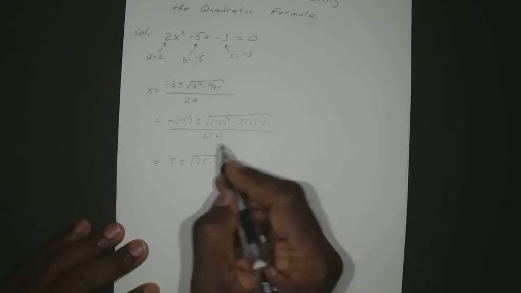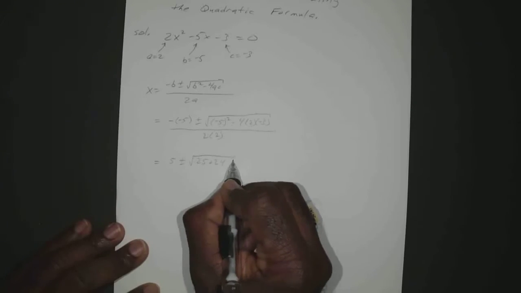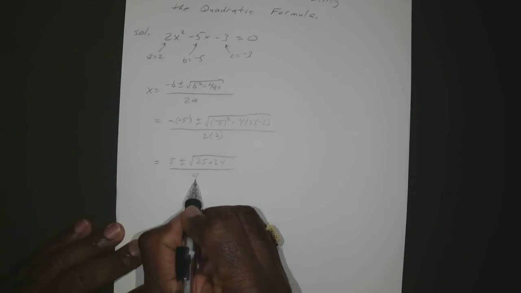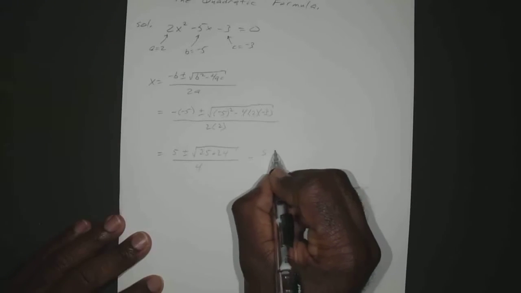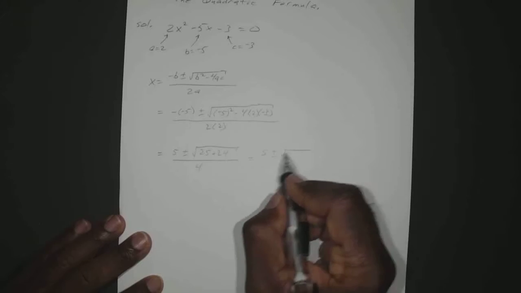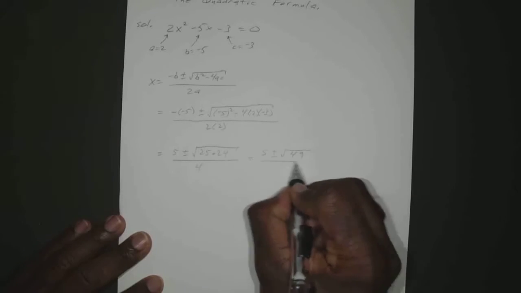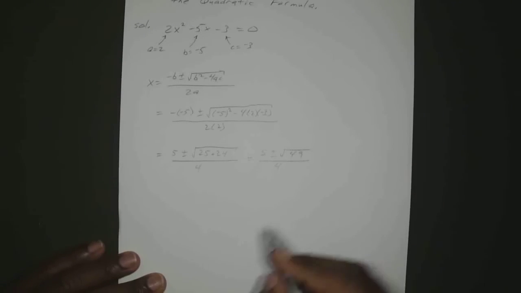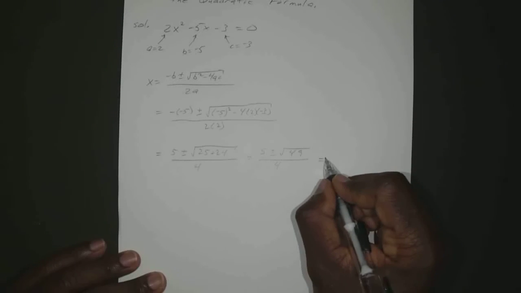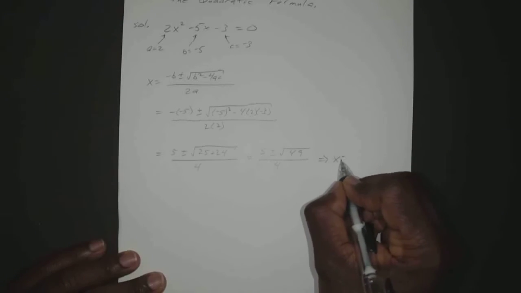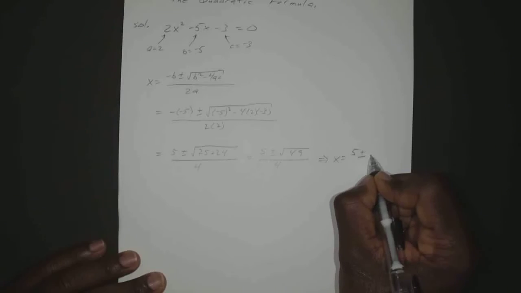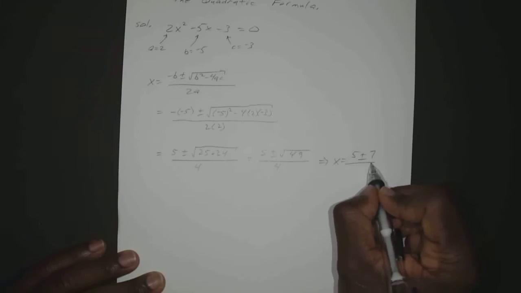You have a negative and minus, so that's plus 24, all over 4, which equals 5 plus or minus the square root of 49 over 4, which means that x equals 5 plus or minus the square root of 49, which is 7, over 4.